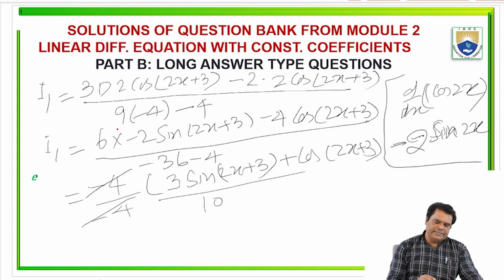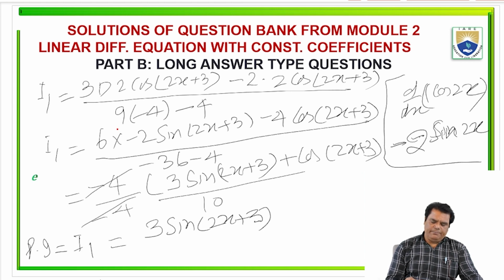Final answer, this cancels with this. Final answer: I1 is equal to 3 sine(2x + 3) plus cos(2x + 3) upon 10.